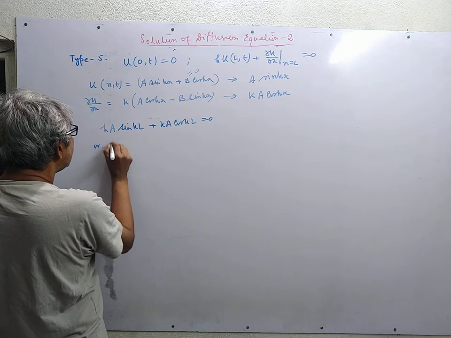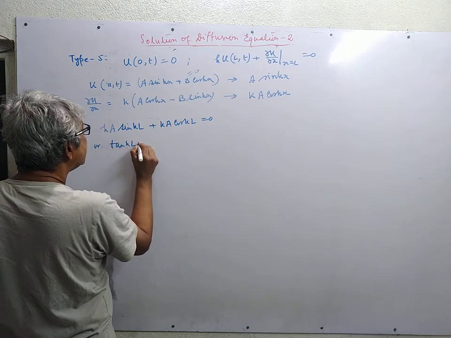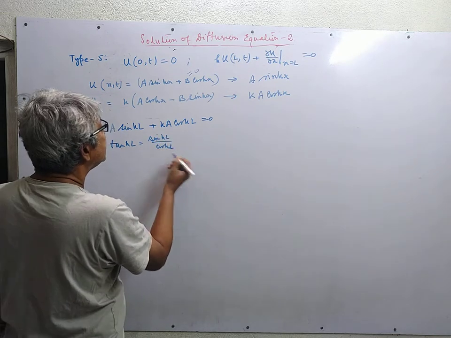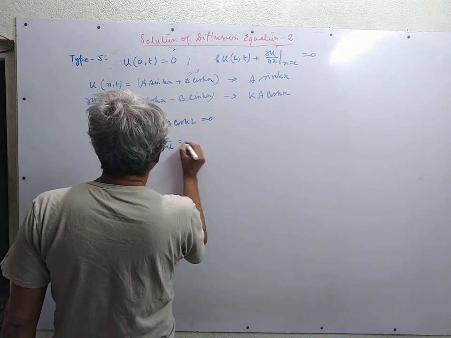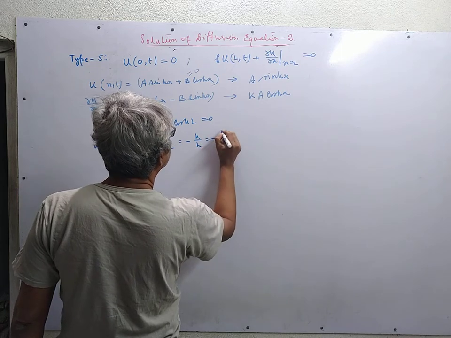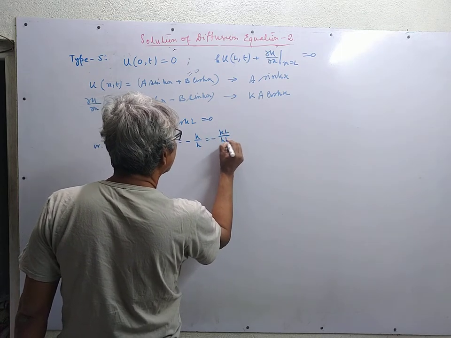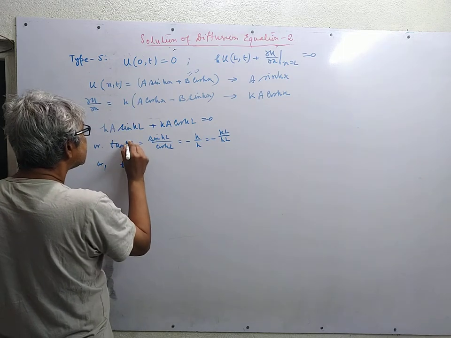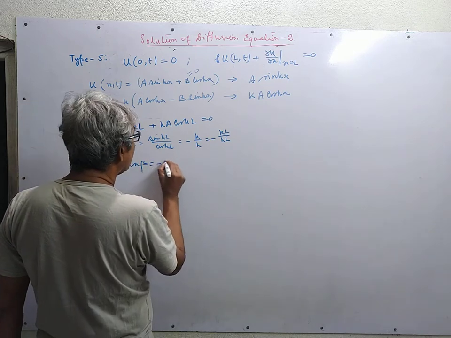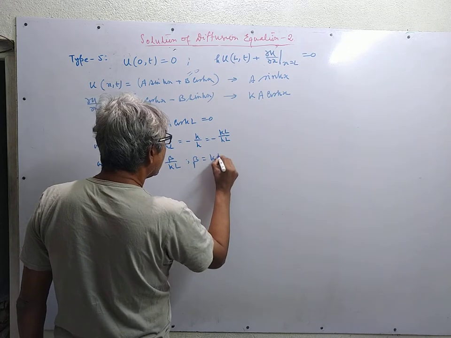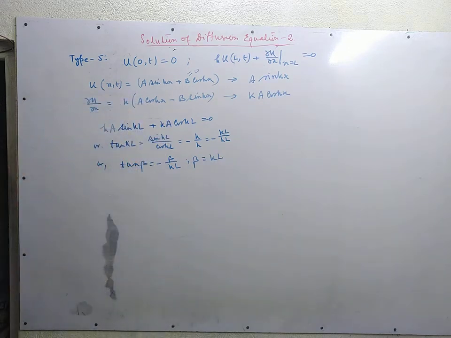Or we define tan kL equal to sin kL by cos kL equal to minus k by h. Multiplying by L, we write this as tan beta equal to minus beta upon hL, where beta is kL, a dimensionless quantity, because the dimension of k is that of 1 upon L.